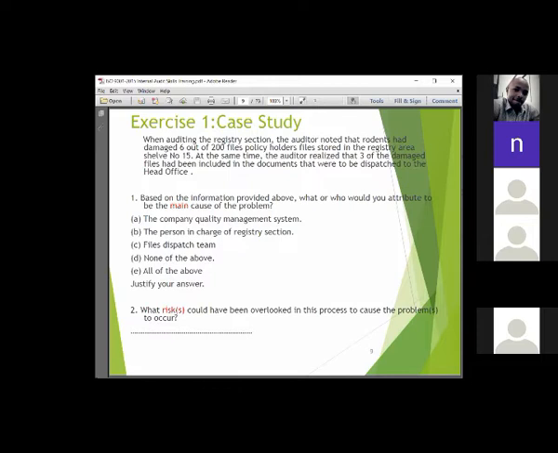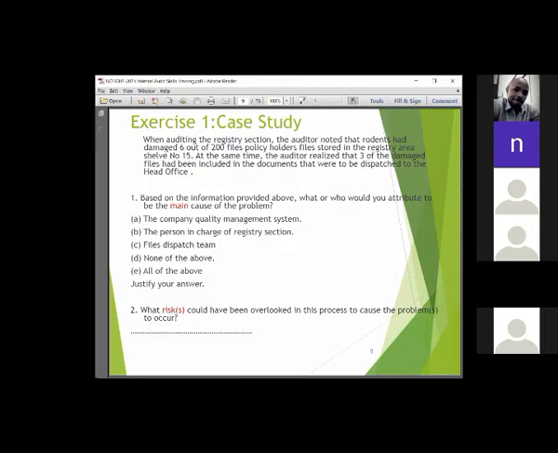And we are building on this subject of internal audit, whereby as you go out to audit, you look at the system. You're auditing the system. You're not auditing the files dispatch team. You're not auditing any person. You're not auditing an individual. In most cases, you're looking at the system, and that is a starting point.